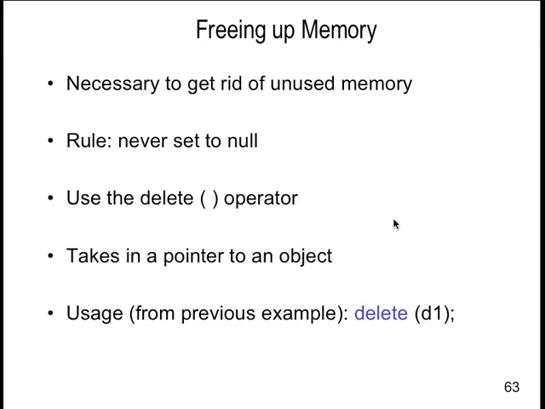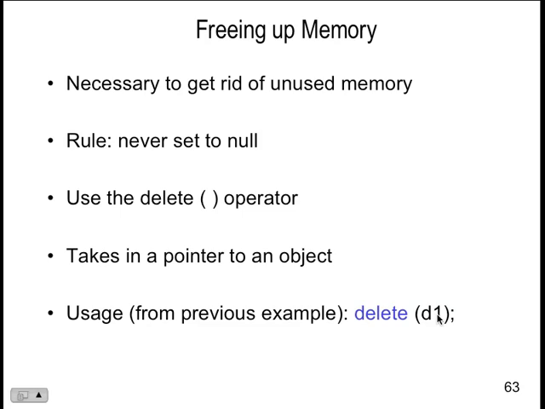So freeing up the memory is necessary to get rid of the unused memory. Rule: never set to null, otherwise you get rid of the memory address. Use the delete operator. Here's the introduction. We've seen new, we just haven't seen delete yet. It takes a pointer to an object, and from the previous example, delete D1.